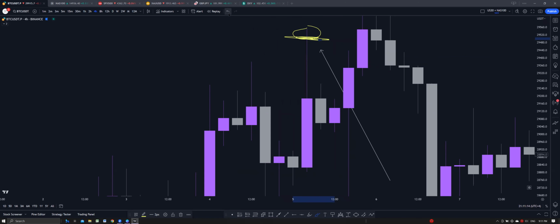But what it conveys to me is that buyers pushed the price all the way up there, but sellers had control around this area and pushed price all the way back, right? And at one point in time, sellers also tried to push price. That small wick right there, they had a small say there, but eventually the buyers had control and they closed the price there. So they opened up here and they closed the price right there.